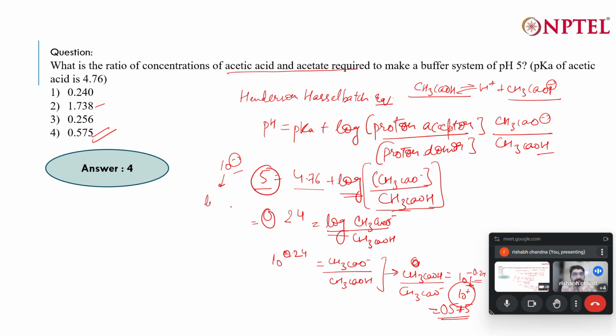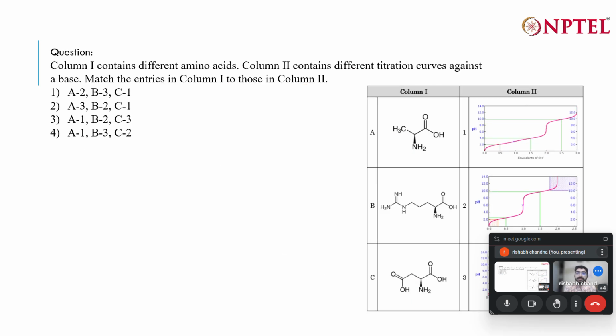Okay, that can be less than 1. Like here also it is less than 1, but it's positive value. So when the ratio is like that, it is fine. We are not talking about the pH here. Okay, is it clear? Yes, sir. Okay. So let's move on to the next question.